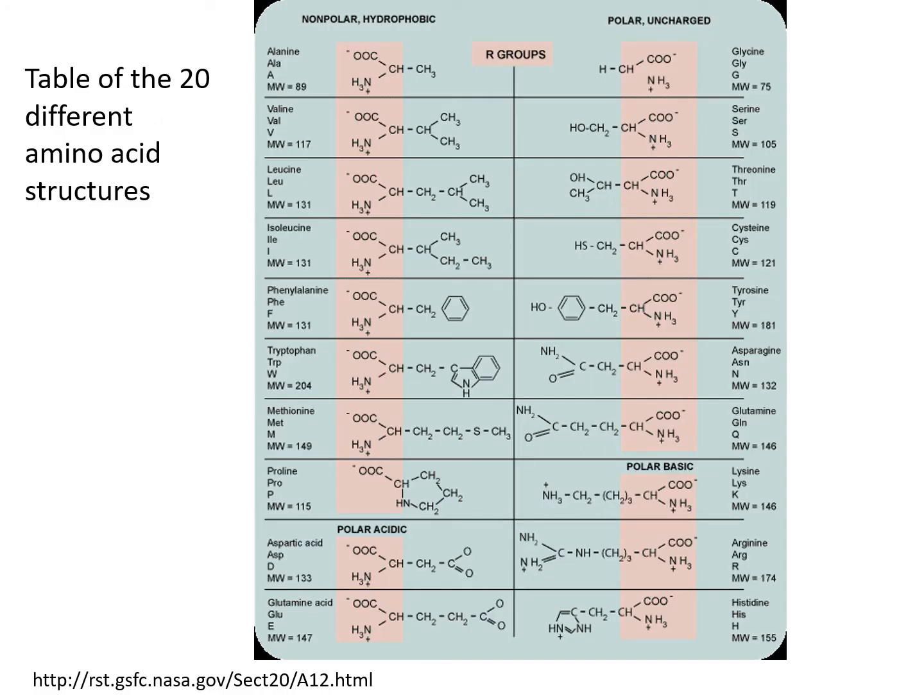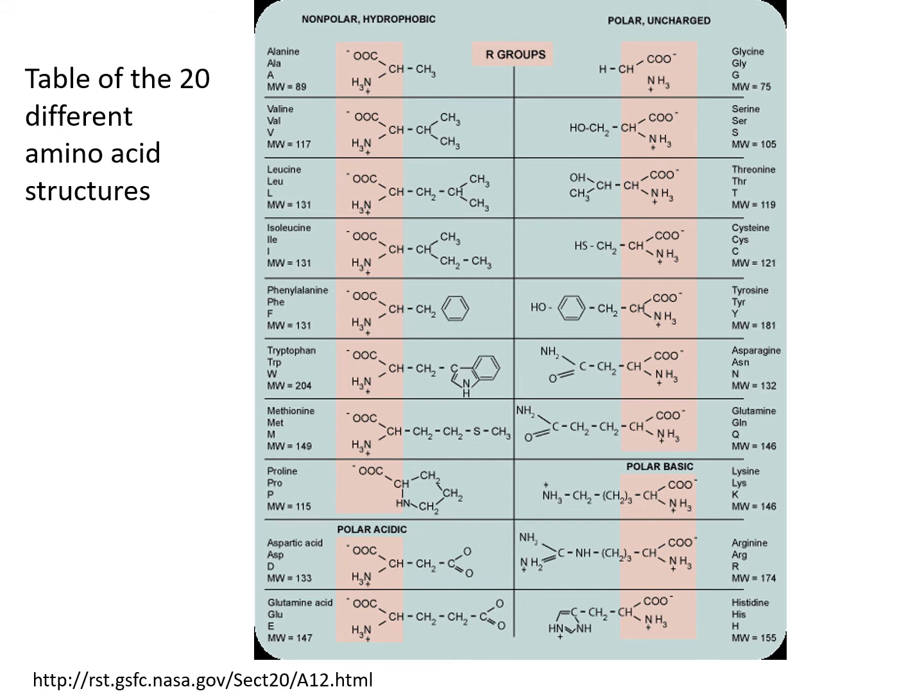This is the table of the 20 amino acids. Again, you don't have to memorize the amino acids. I did when I was in your place, and I don't remember them, so I wouldn't do that. But you can see that there's that common amine group, the NH3 group, and then you have this carboxyl group, and those together are common to every single amino acid.